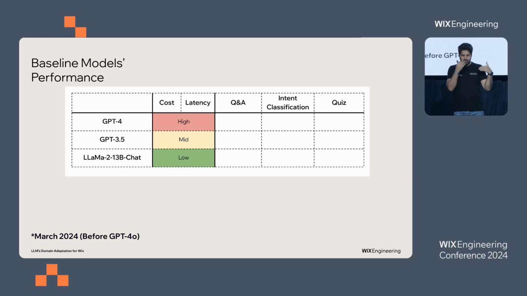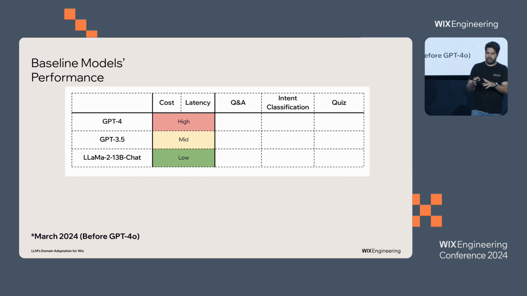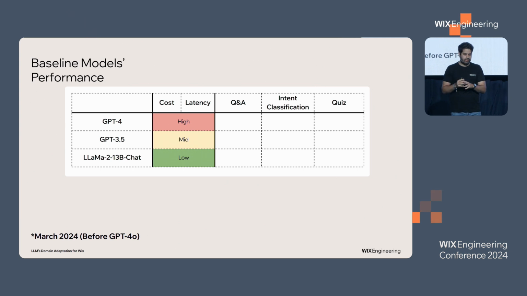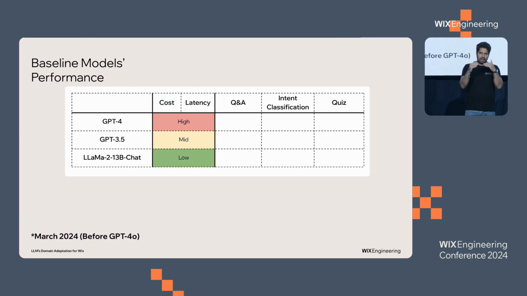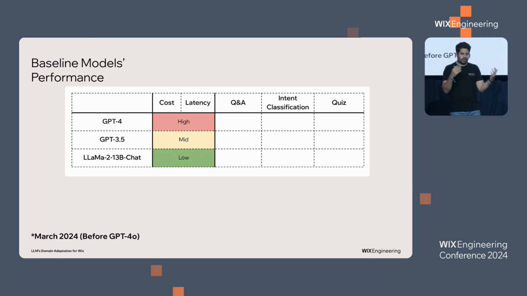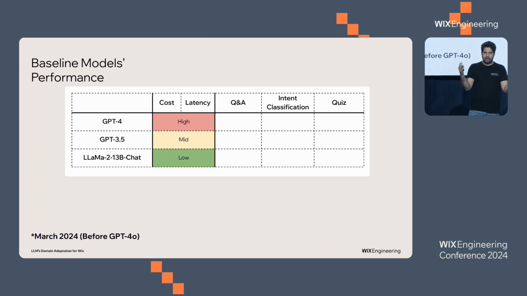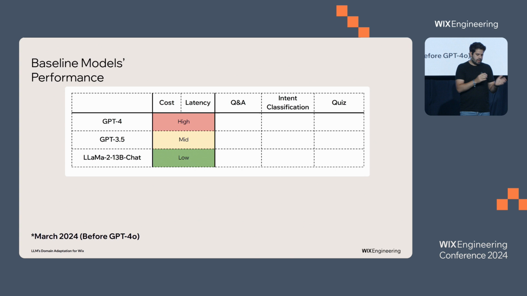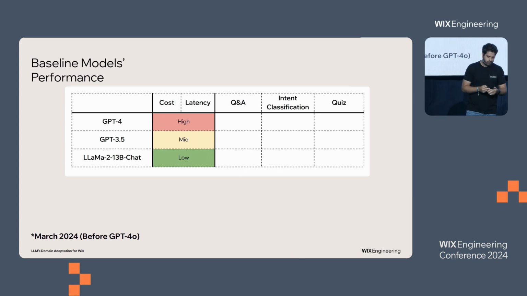The open source Llama was very low cost, very cheap, and if you ran it on your machines, it was even fast. And the common model that was the go-to model was GPT 3.5. It was used in most production prompts that we have, but in respect to cost and latency, it was something in the middle.